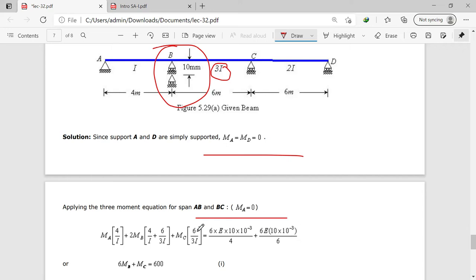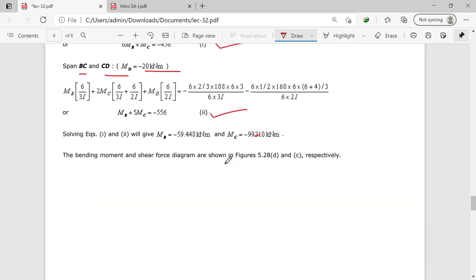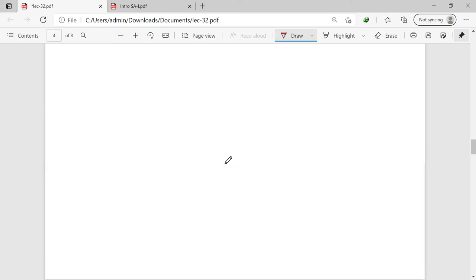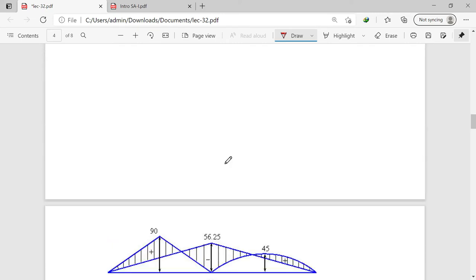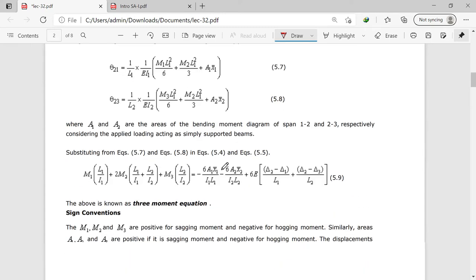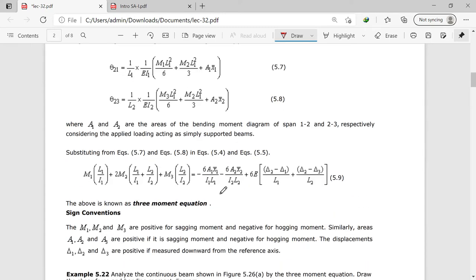So where does this value come from? Okay, so we have to consider the formula that we have already seen in lecture number 1. Which formula we are going to use? Here it is, this formula we have to use.